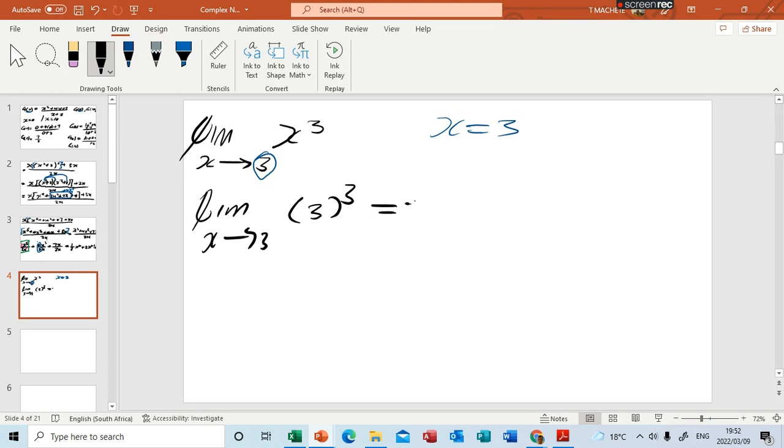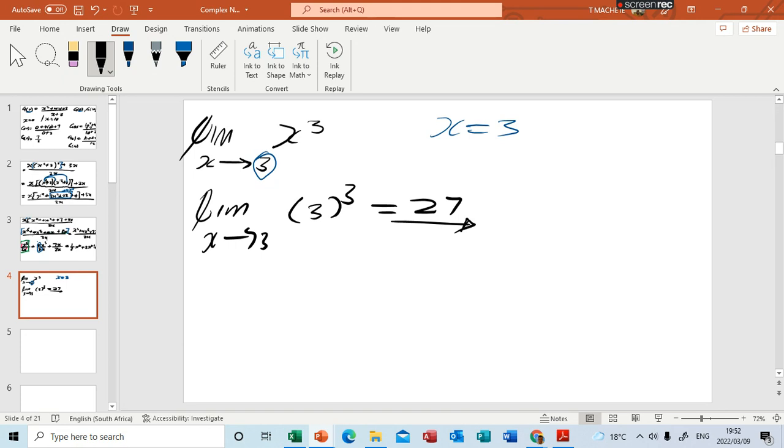That's your answer there. You can write 27 there as your final answer. 3 cubed, 27. Okay. Any question? No question.